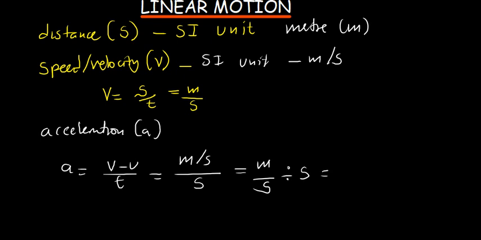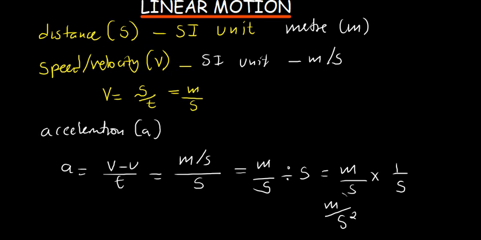This can also be written as meter over seconds. We can change the division symbol into multiplication, meaning that the one which was on top will come down. So we're going to have 1 over second. We multiply meter times 1, that is going to be meter. In the denominator we're going to have second times second, that is second squared.